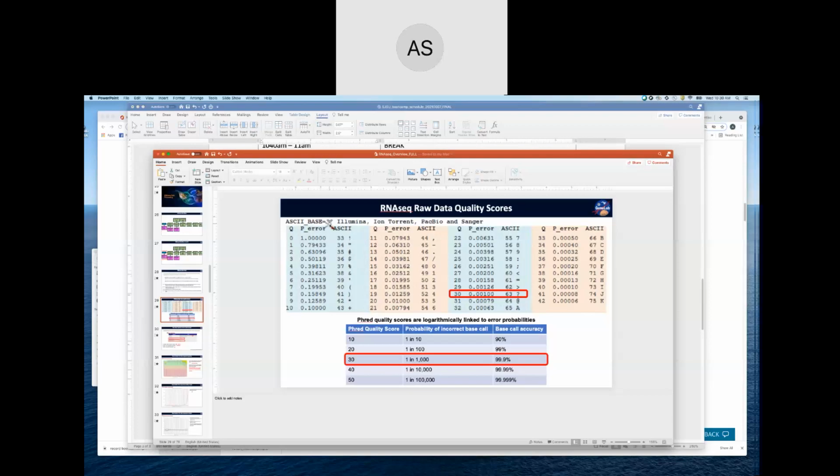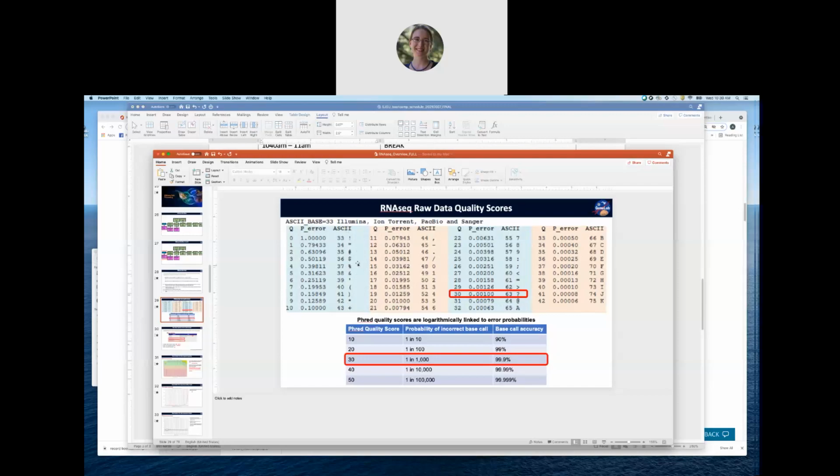Is that right, Lauren? Yes, I think that's right. Yeah, so there are some instruments that will give the quality scores in these ASCII characters, but have the base be 64 instead of 33. And so we want to make sure that the trimming tool knows what this code is and what the base of this code is. So that's what we tell it for Phred 33.